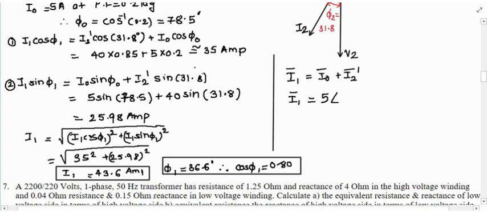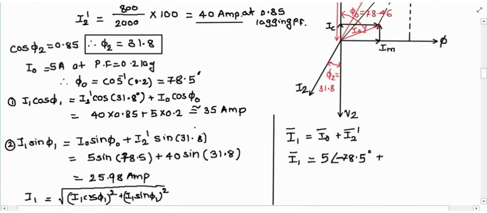So cos inverse of 0.2 is 78.5. So I will write down here, it is lagging to the reference vector by 78.5 degree. Why lagging? Because the power factor is lagging. Plus I2 dash. What is I2 dash magnitude you got from this equation? It is 40 ampere, lagging at 0.85 power factor. So minus cos inverse of 0.8 means 31.8.